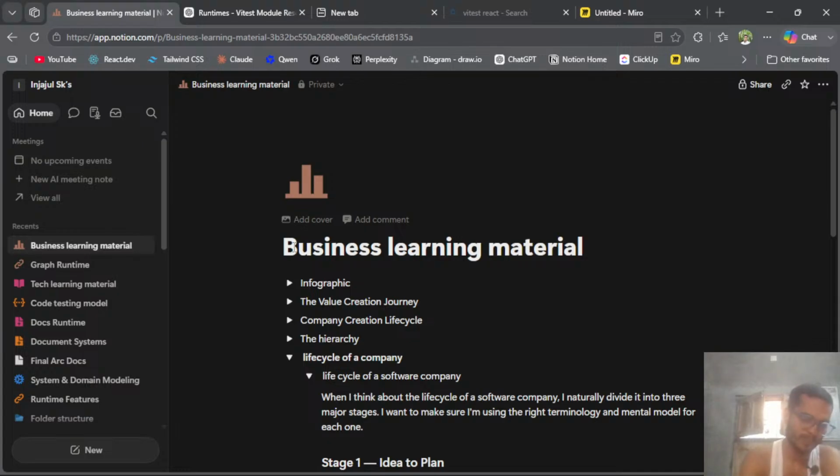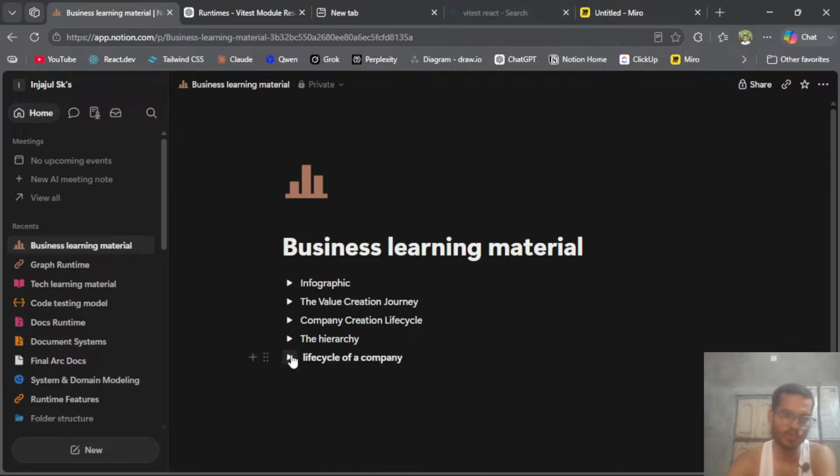To understand the perspectives, we have different perspectives. So from the founder perspective, we understand the company creation life cycle. To understand the second phase, we have to understand software engineering. Now, to understand software engineering, you understand what type of roles we have, what type of things we have to understand. So this is the entire mental model, guys.